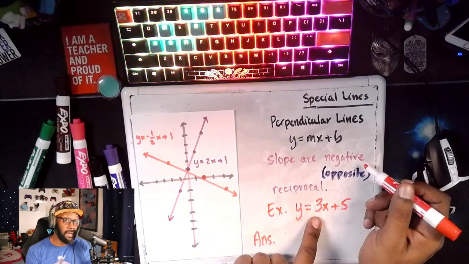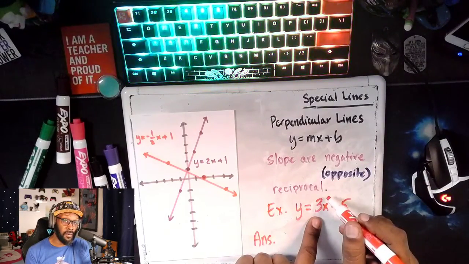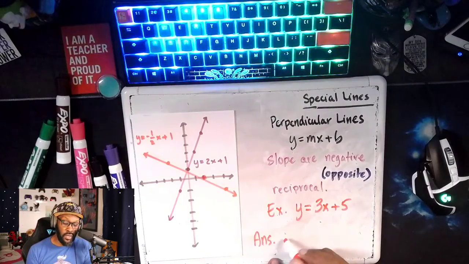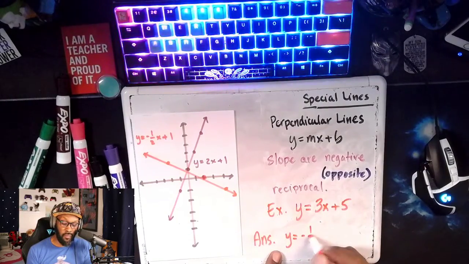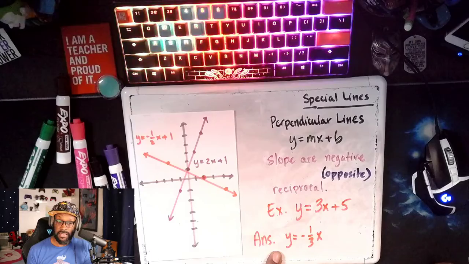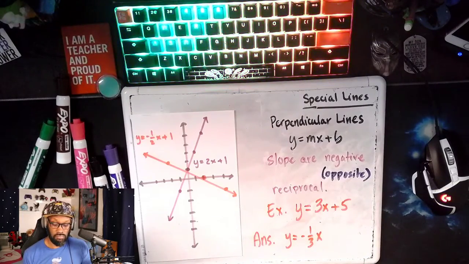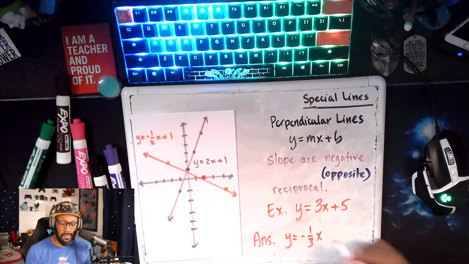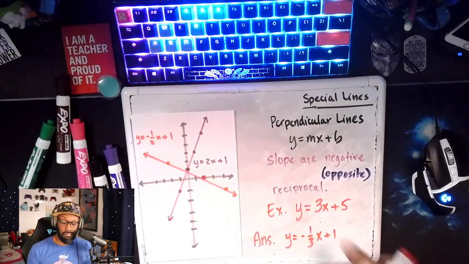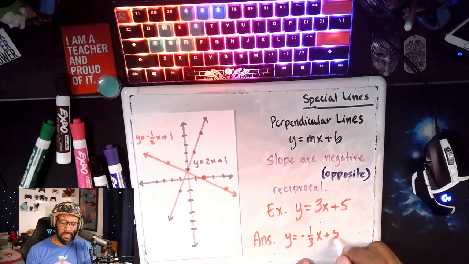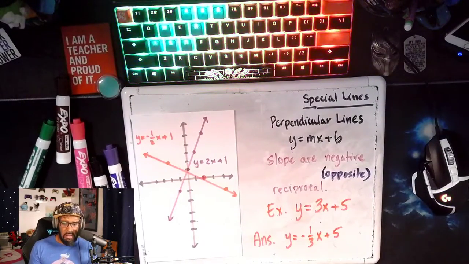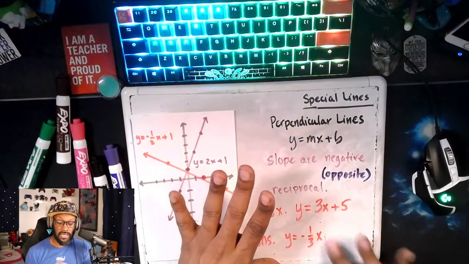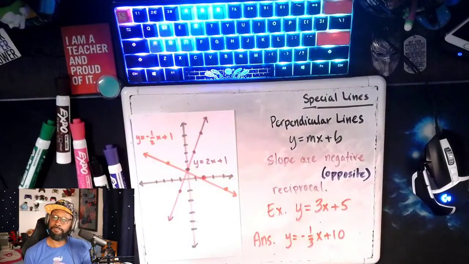So instead of 3, it's going to be negative 3, and it needs to be a reciprocal. So that's 1/3. So we know that your answer has to be negative 1/3 x plus anything. It could be plus 1. Honestly, it could be plus 5. It could be plus 0. It could be plus 10.